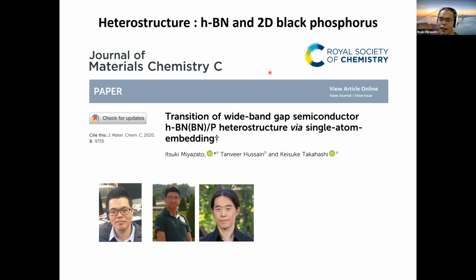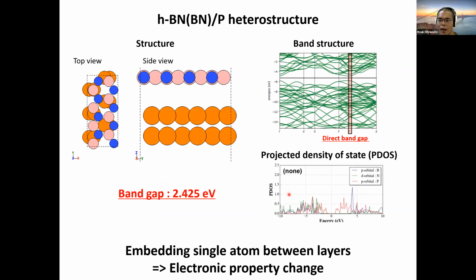And the next study is about the effect of single atom embedding between hBN, hexagonal boron nitride, and two-dimensional black phosphorus heterostructure. This study was reported in the following article, in collaboration with the following researchers. In this research, hBN black phosphorus heterostructures were first designed and evaluated by first principles calculation.